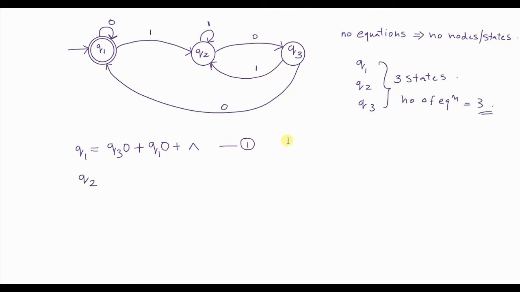Now let's start with equation 2. Q2. Why Q2? Because Q2 is another state. Now when you see the inlinks of Q2, it has three inlinks in fact. From Q2 on reading 1 you go to Q2, this is one inlink. Second, from Q1 on reading 1 you come to Q2, and from Q3 on reading 1 you go to Q2.